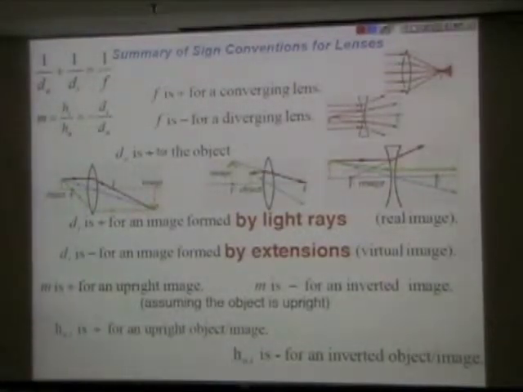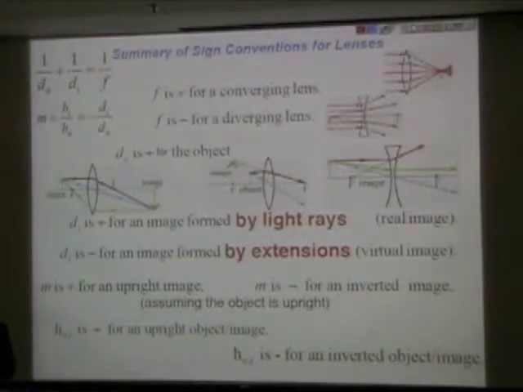When the image is real, it is formed by actual rays. In that case, the image distance is positive, and again, it's exactly the same agreement. The difference between a mirror and a lens is only that a real image formed by a lens is formed on the other side of the lens. The real image formed by a mirror is formed on the same side of the mirror where the object is.